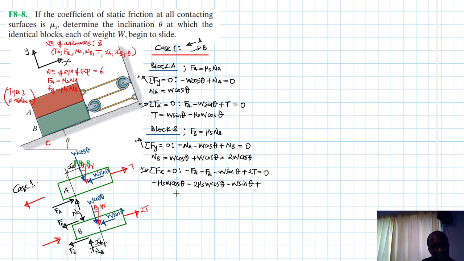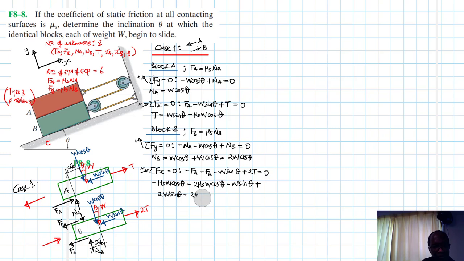Our T is this one here, so this becomes 2 W sine theta minus 2 W mu S cos theta.